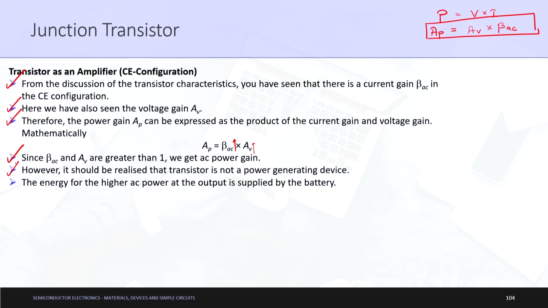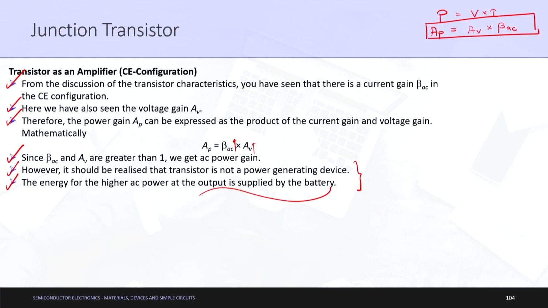However, it should be realized that a transistor is not a power generating device. The energy for the higher AC power at the output is supplied by the battery. This is a normal fact we need to understand: the transistor is not a power generating device, and it cannot give you more power. Even if you do all these things and see an increase in power, that power cannot be utilized. The power that can be utilized is only that supplied by the battery.